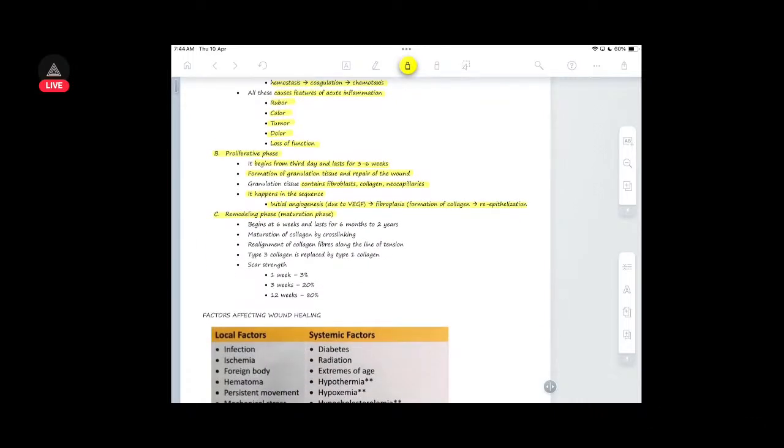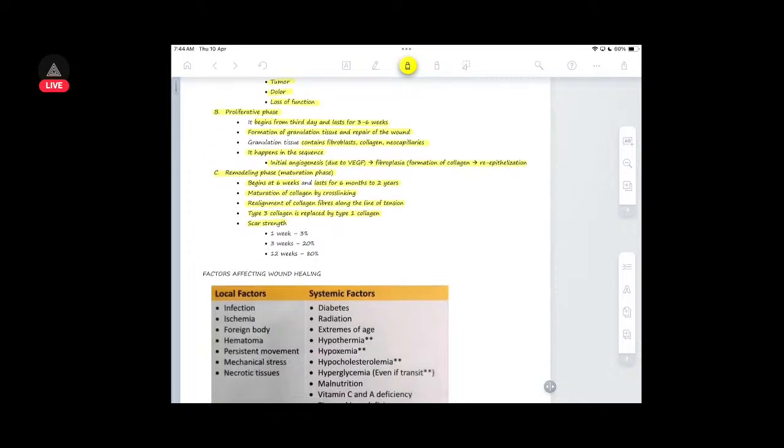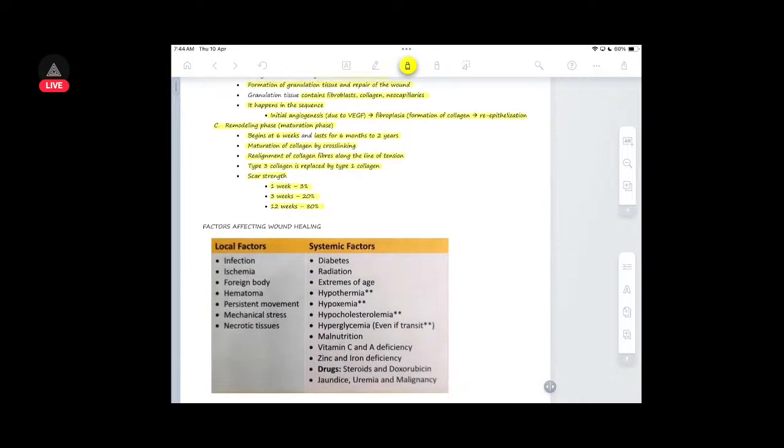The remodeling phase begins at 6 weeks and lasts for 6 months to 2 years. Maturation of collagen occurs by cross-linking, and realignment of collagen fibers along the line of tension occurs. Type 3 collagen is replaced by type 1 collagen. There are different stages of scar strength: first week is 3%, second week is 20%, and by the 12th week you have 80%.